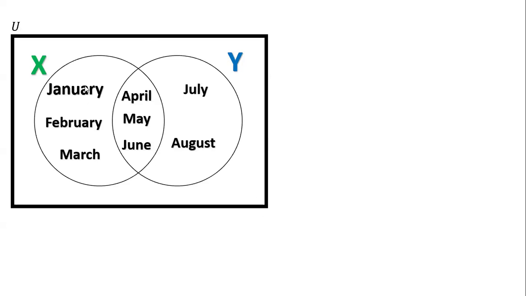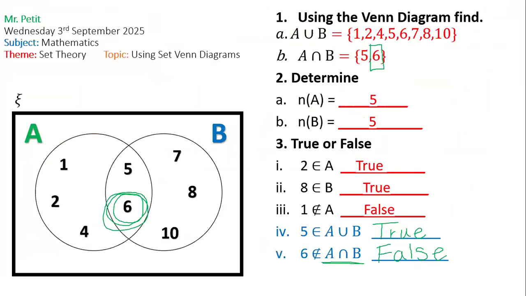I heard there was a number 3 for the same assignment. Let me go back. You mean this, 4 and 5? I didn't get number 3, the true or false. The last thing I did was number 2. Okay, take a screenshot of this. It's something important.